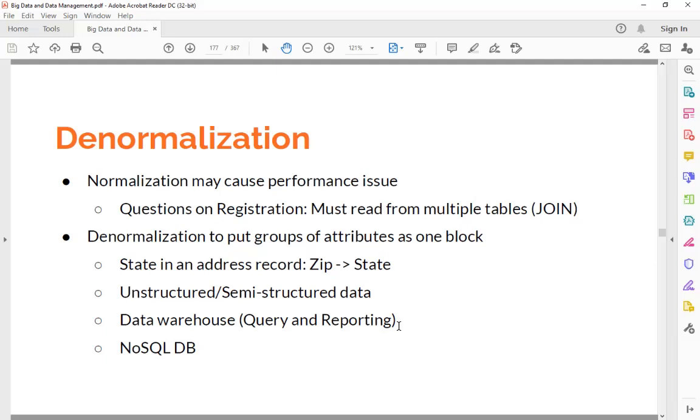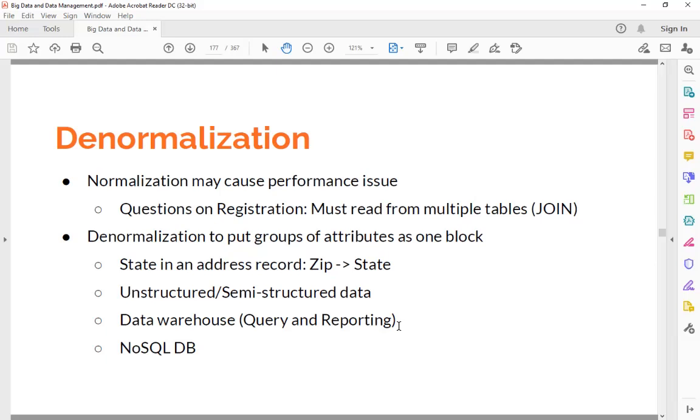It's not third normal form compliant, but this is a common practice. Zip and state will stay in the same address table instead of being broken up. So this is one good example of denormalization.